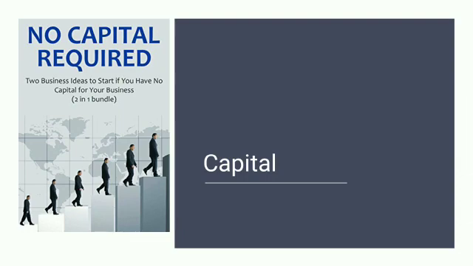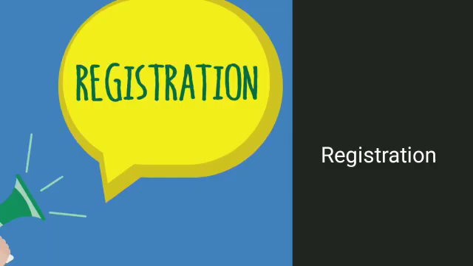Then next point, capital. You all know that here we have two parties, employer and the employee. But in case of employment, no capital is required. Why? Because the employer provides everything to the employee for completing the job. That means the employer has to spend money for the business, and the employee will follow the instructions given by the employer. The next point, registration.